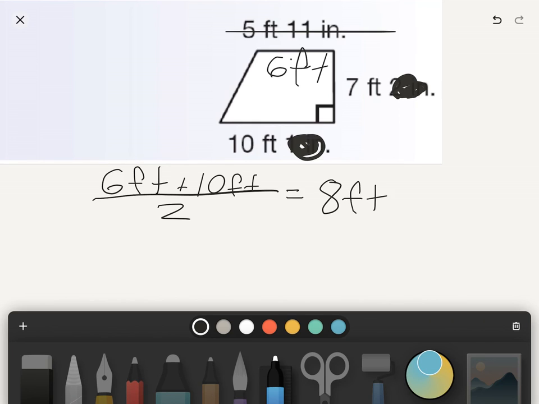Then 8 feet times the height, 7 feet, would get you to 56 square feet. Oh my god, I need to memorize this. Squared. Sorry, squared.